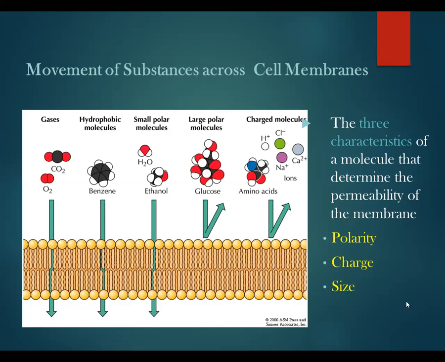At this point of time, we might feel that there are many molecules which cannot pass through our membrane. That is not the case. In reality, there are different mechanisms by which even these larger polar molecules or charged molecules can easily pass through the membrane. That's what we are going to learn.